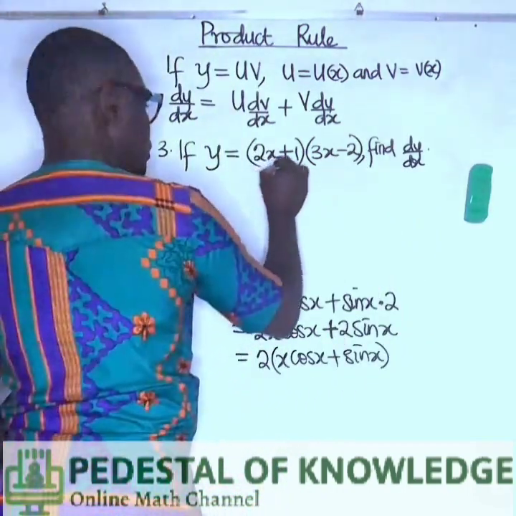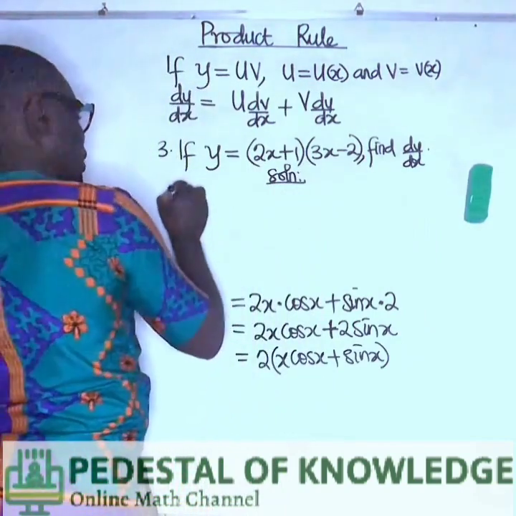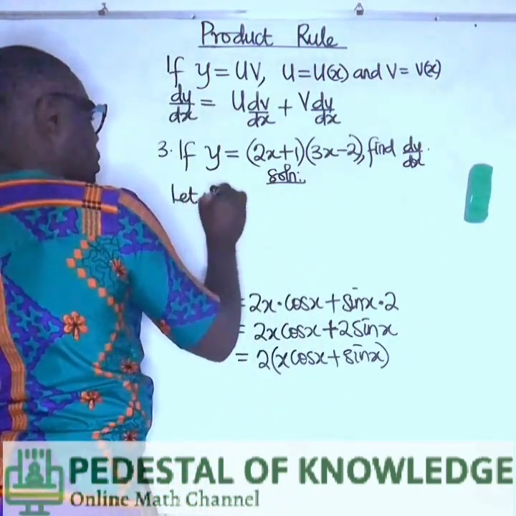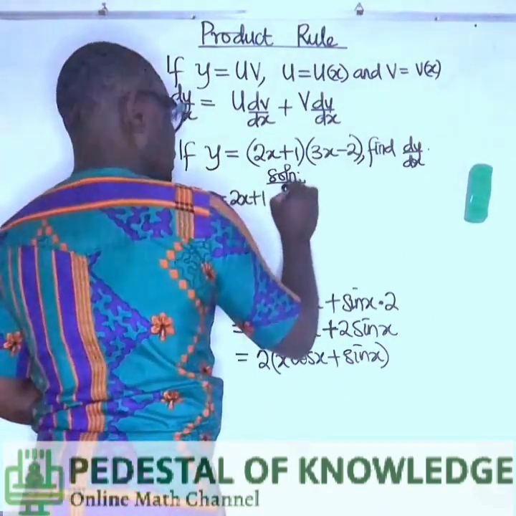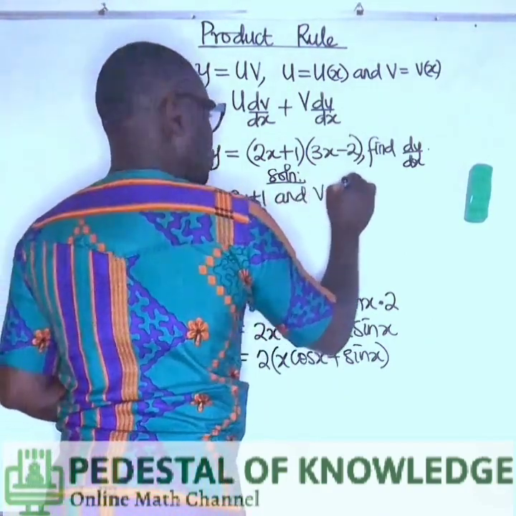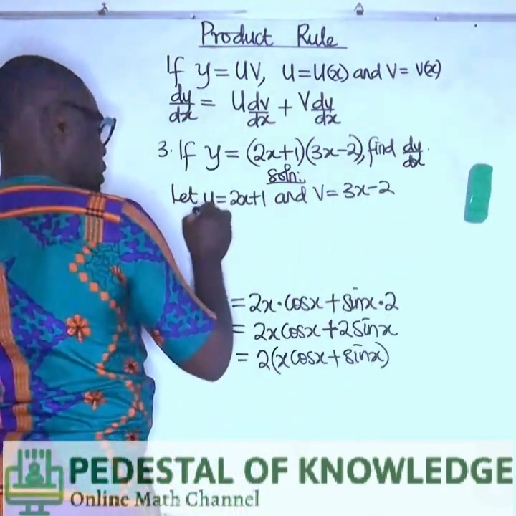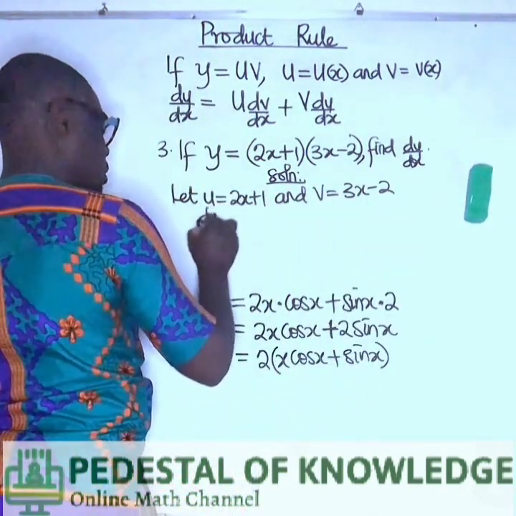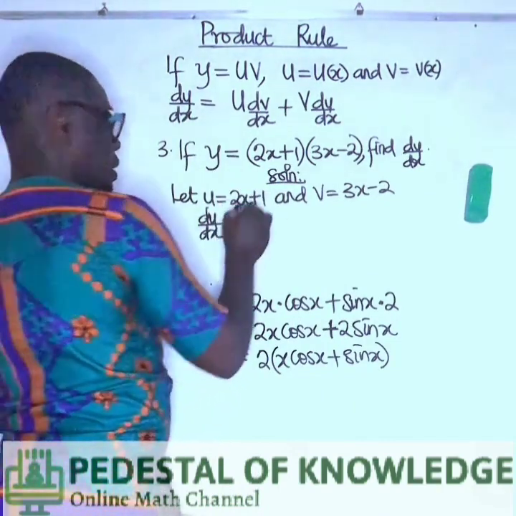Okay, now we say let u equal to 2x plus 1 and v equal to 3x minus 2. So when we differentiate, du/dx is equal to, when you differentiate 2x plus 1, the result is 2.